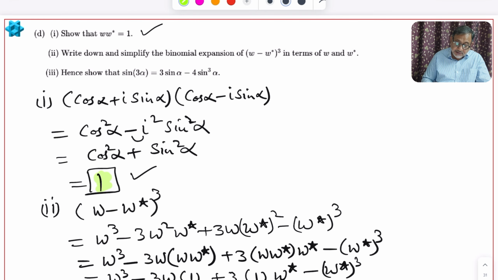Now the third part says hence show that sin 3 alpha is equal to 3 sin alpha minus 4 sin cube alpha. You already know about it, right? Sin 3 alpha is 3 sin alpha minus 4 sin cube alpha. We have studied this in trigonometry, but still here we are going to use it.